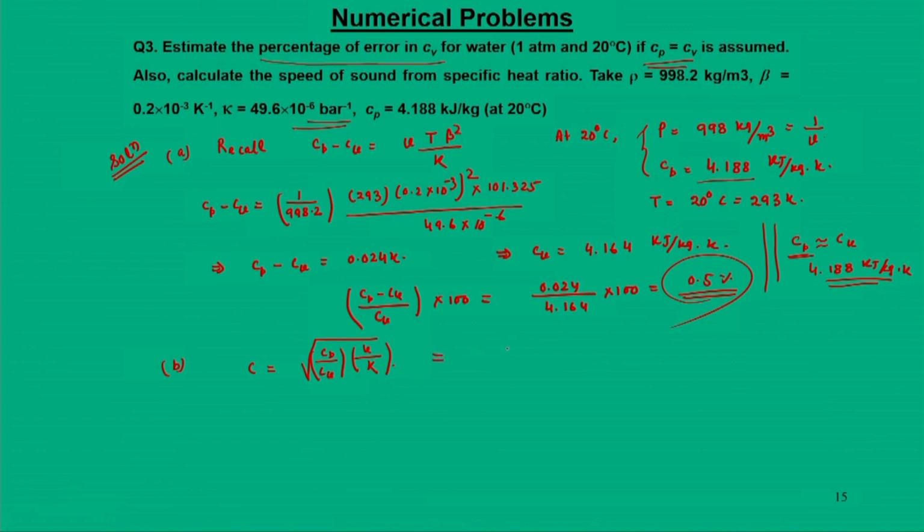So, you just have to insert the data: Cp is 4.188, Cv is 4.164, specific volume is 1 by 998.2, kappa is 1 by, that is, 101.325 divided by this number 49.6 into 10 to the power minus 6, entire square root.